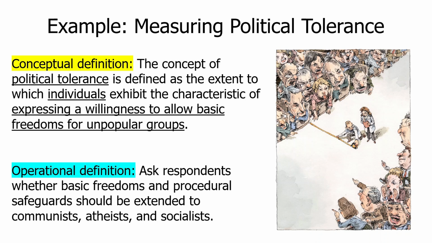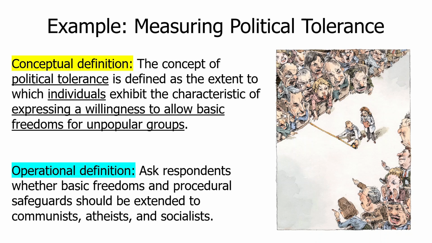So basic freedom, of course, would be the freedom of speech, freedom of assembly, freedom to write and have books in a public library, for example. You can think of how you would come up with the concrete measures of basic freedoms. And here is an early way that it was operationalized.